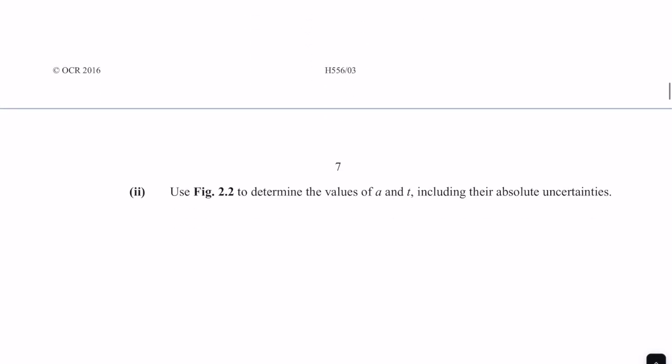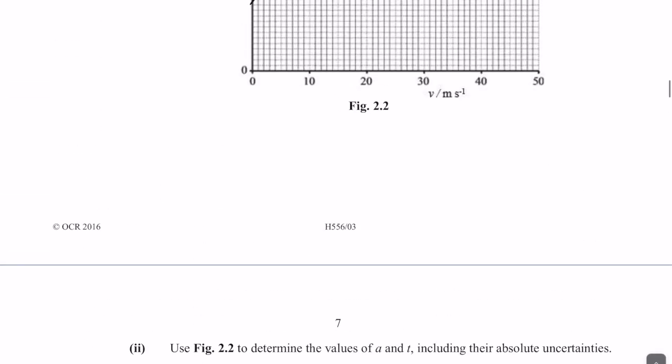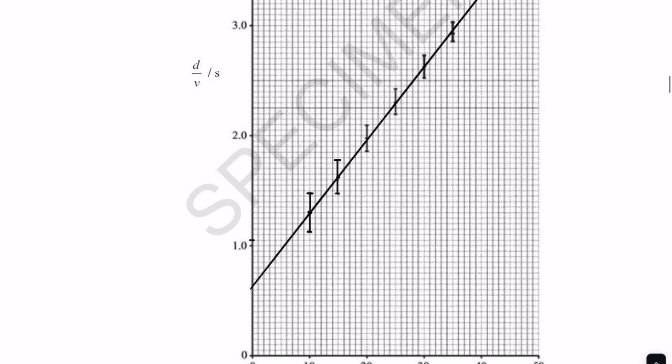Now, to work out the values of a and t, we know from before that the gradient is equal to 1 over 2a. So let's work out the gradient of the line. I will consider taking something reasonably close to the last value, and then consider the gradient to the full extent. That will probably match right there. And that value is going to be also 0.65.